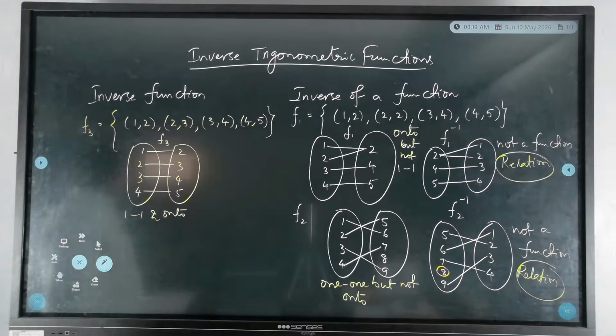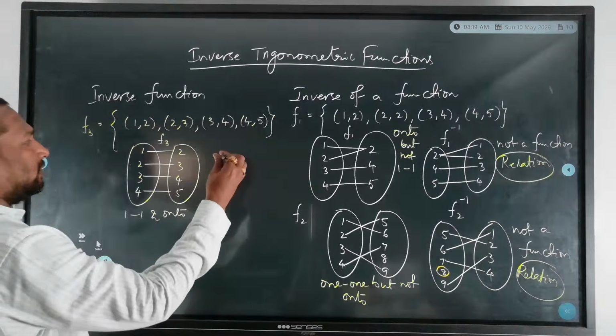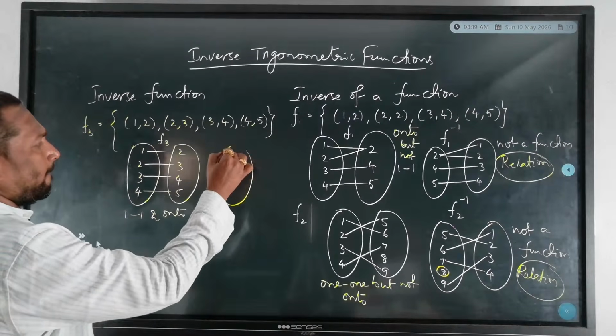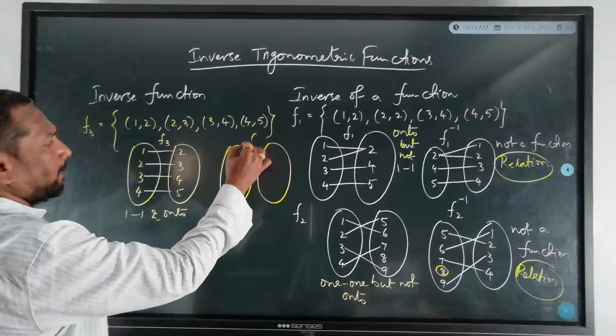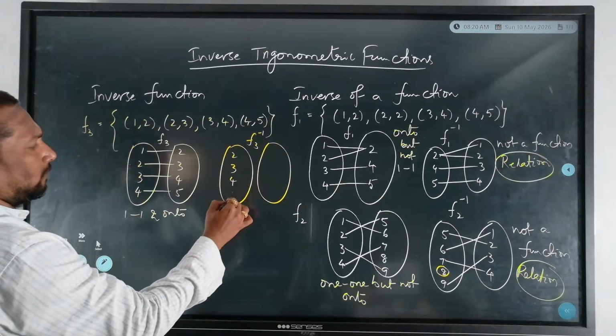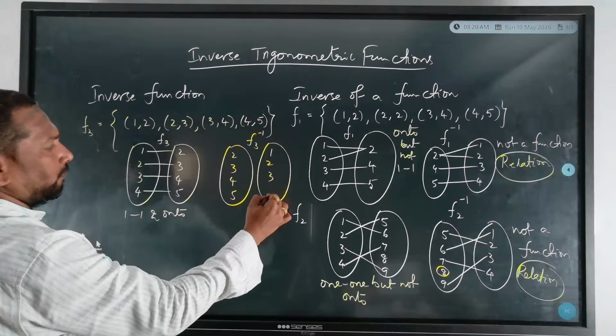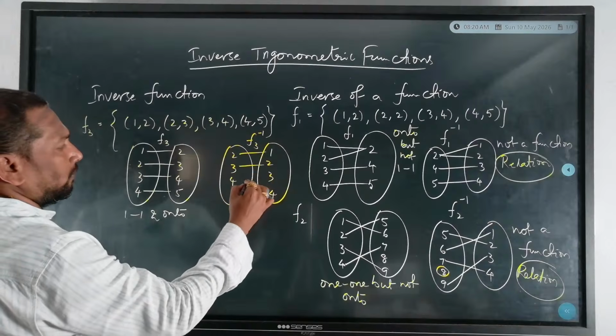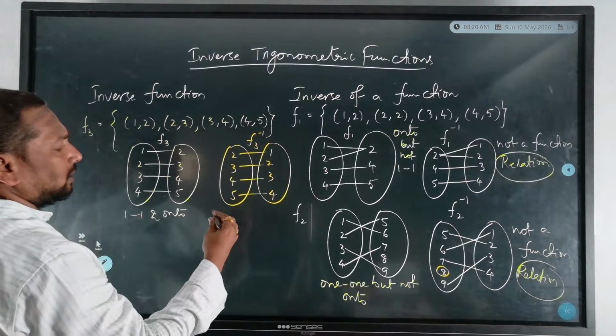This is 1-1 and onto. What about its inverse? f3 inverse: 2, 3, 4, 5, 24. This is also a function.